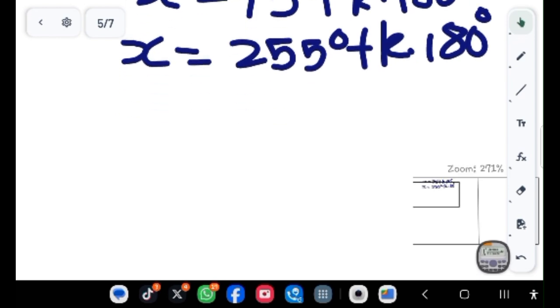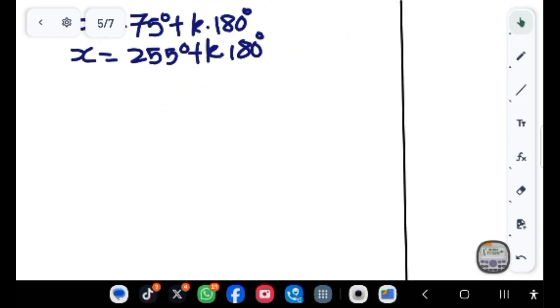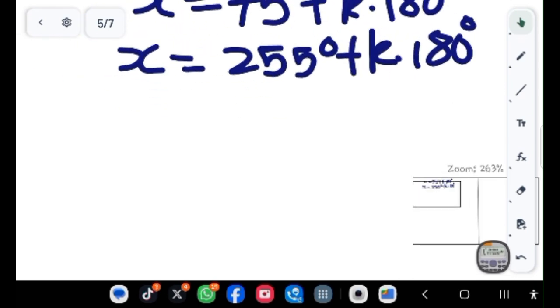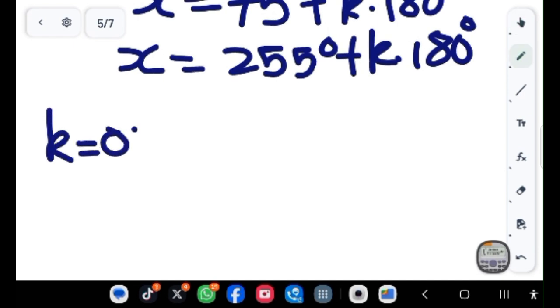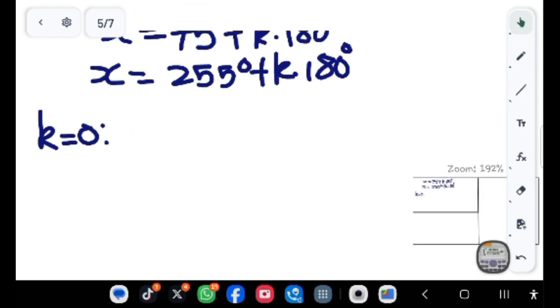What you do to find the solution within the restrictions is you apply your k. Start with k equals 0, which is right in the middle.